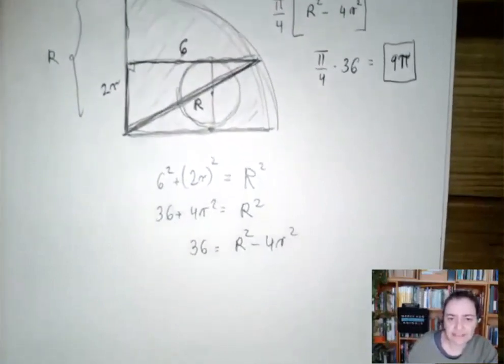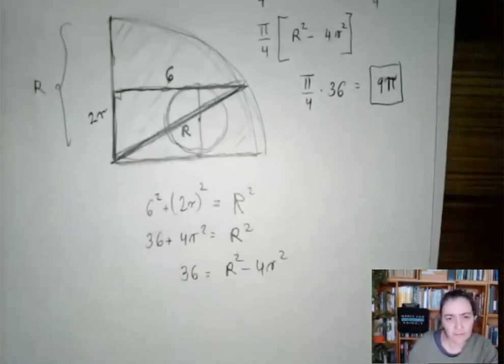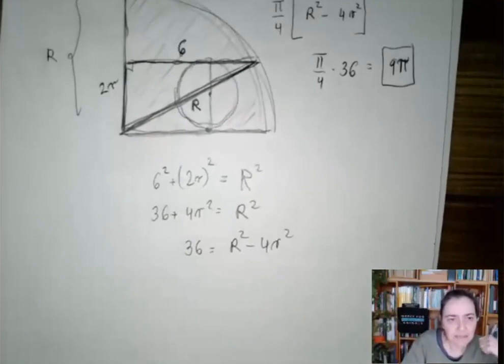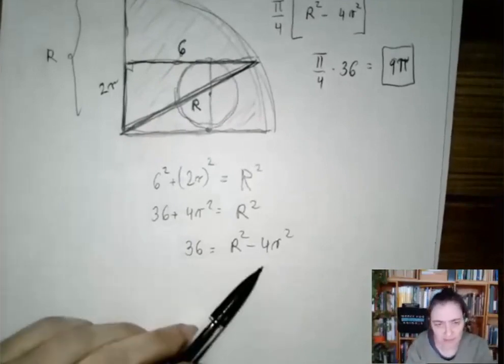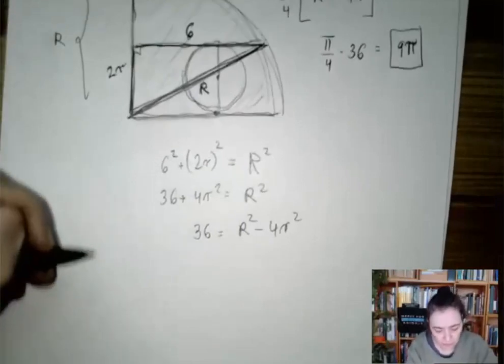Now, how could we tell that this is what's going on? We can't tell it for sure, but one thing you can do is, well, maybe we cannot solve for capital R and little r because they are not uniquely determined by this problem. What if we grew the quadrant circle?